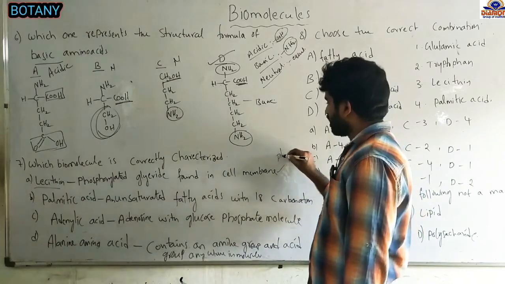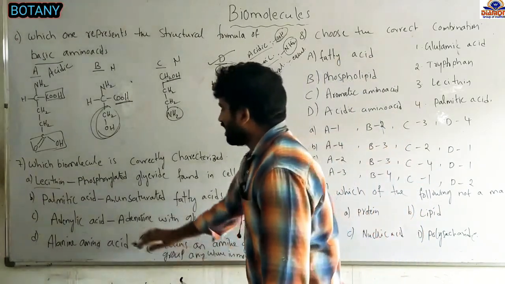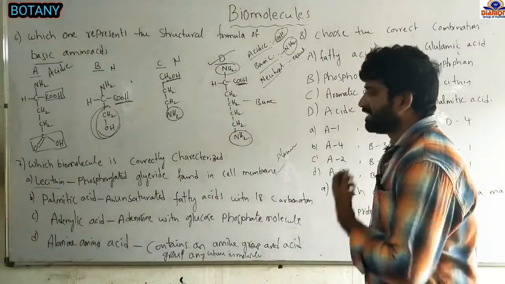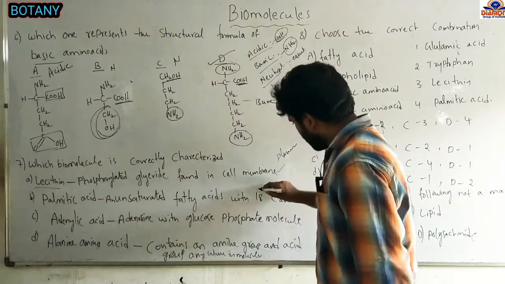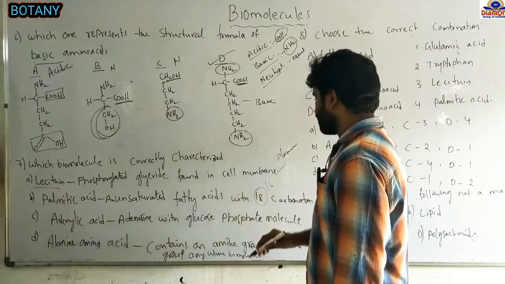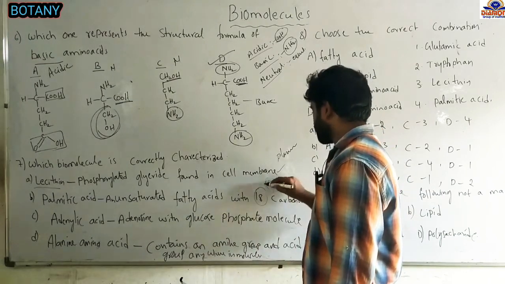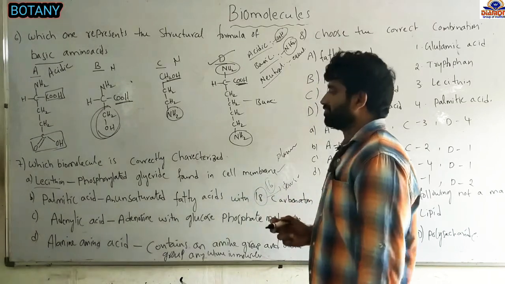The cell membrane we call the plasma membrane. Option B, palmitic acid, an unsaturated fatty acid with 18 carbons. Palmitic acid is not contained as 18, it contains 16 carbon atoms. If 18 carbon atoms are present, we call it stearic acid.